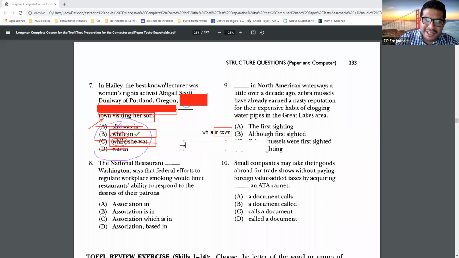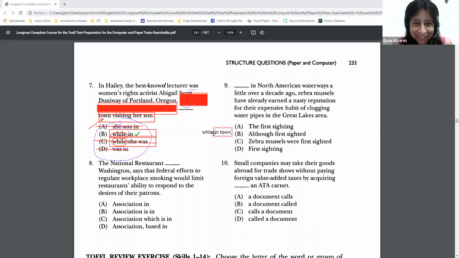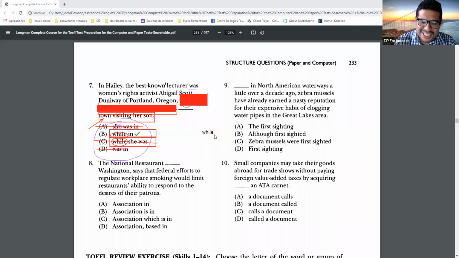So what is the complete one? While she visited. That's right, exactly. While in town, she visited her son. Very good.